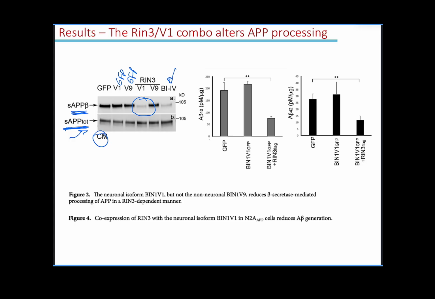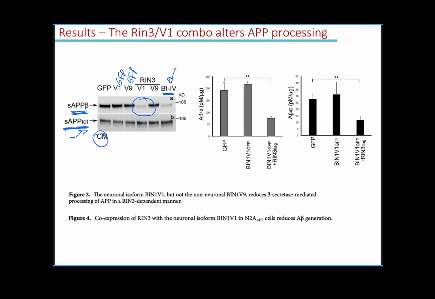There's another lane there with a lot less of this soluble APP beta. That's when they treated the cells with a base 1 inhibitor. Okay? So when they purposely inhibited base 1 activity, they would have expected a drastic reduction in soluble APP beta, and that's what they saw. But then the only other condition in which they saw drastic reduction in base 1 cleavage of APP is when V1 and Rin3 were expressed together.